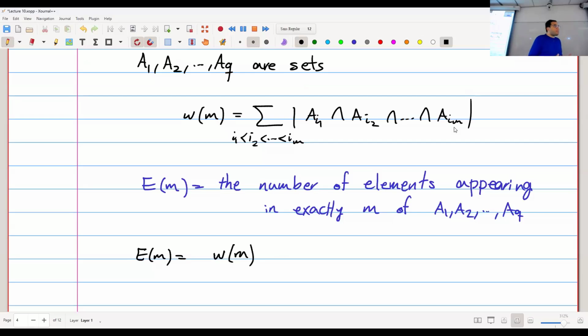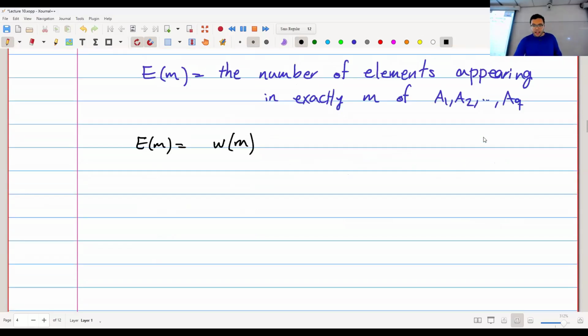But my problem is with the elements that appear in more than m sets. So let's say I have some element X, and let's say that this X appears in m+1 sets.